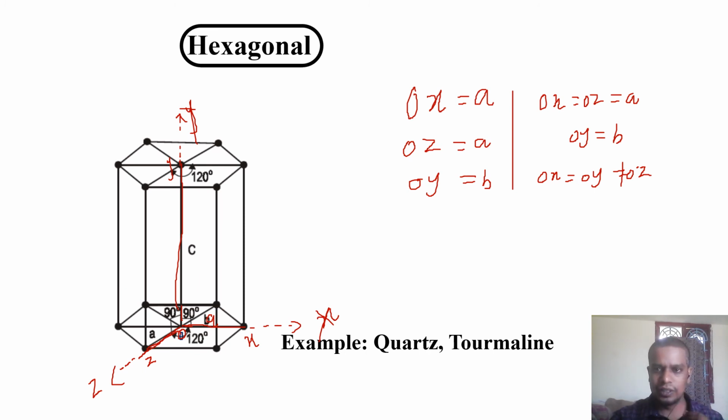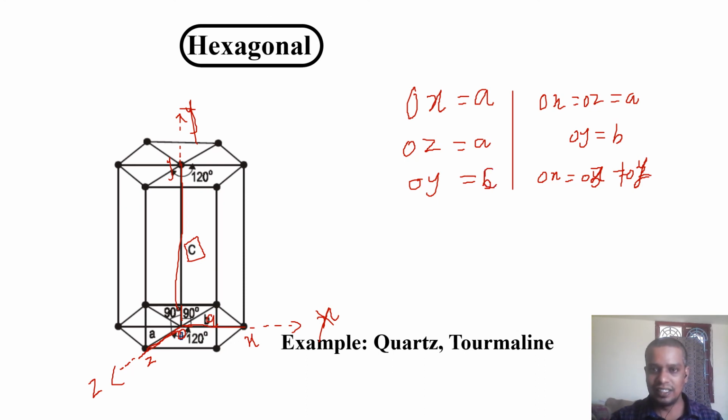Sorry, here actually OX is equal to OZ, not equal to OY. This is an important conclusion because here OY we have taken the length is C. Here it's not actually B. Here a small correction you got to make.